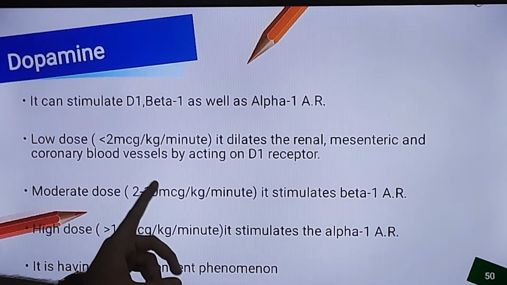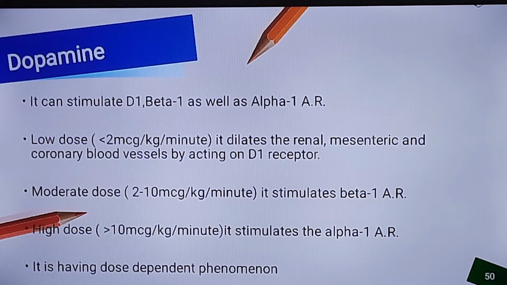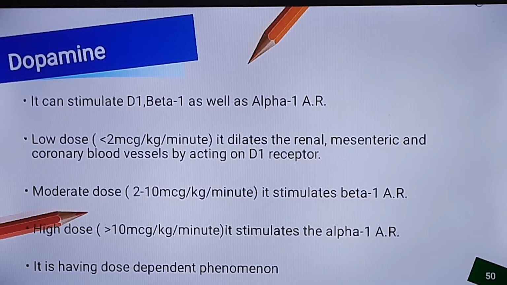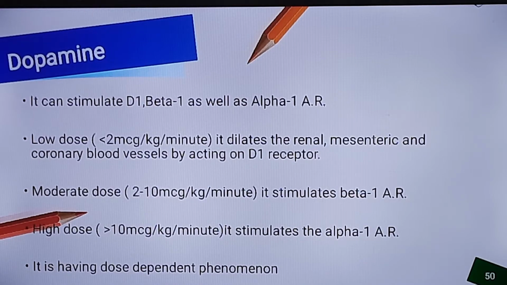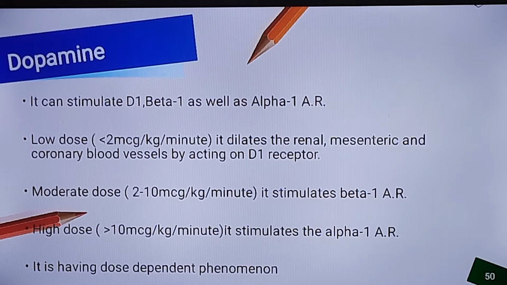Now, ये जो alpha-1 adrenergic receptor है, ये कहाँ पे present होते हैं? They are present in our blood vessels. और उसका काम क्या होगा? Vasoconstriction होगा and it will increase our blood pressure.